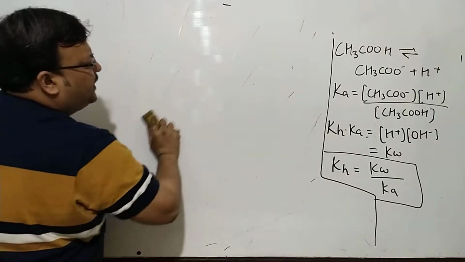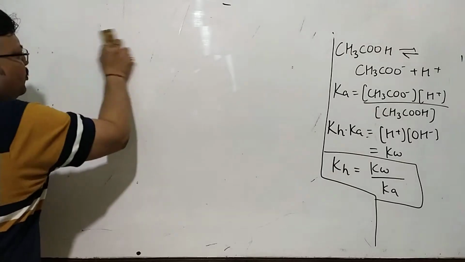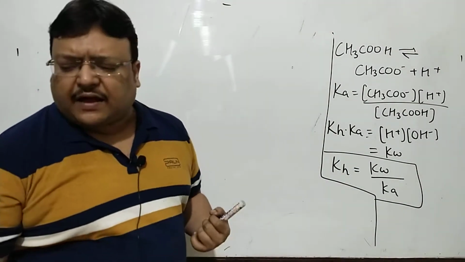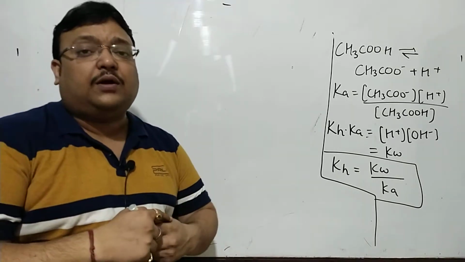We'll stick to the choice of weak acid and weak base. So almost every time the weak acid is acetic acid, the weak base is ammonium hydroxide.